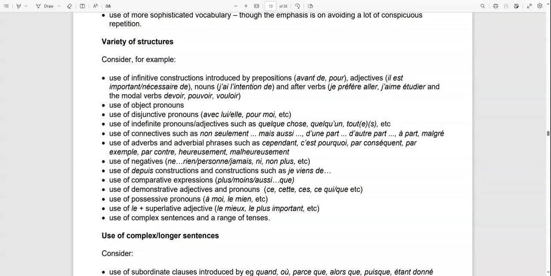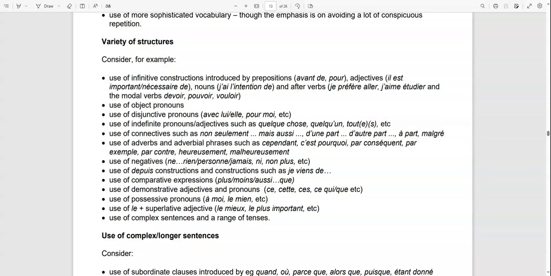It also mentions the use of object pronouns. So we're talking about things like him and her and it in English. Some examples in French would be je le fais, I do it, or I it do, as it were.